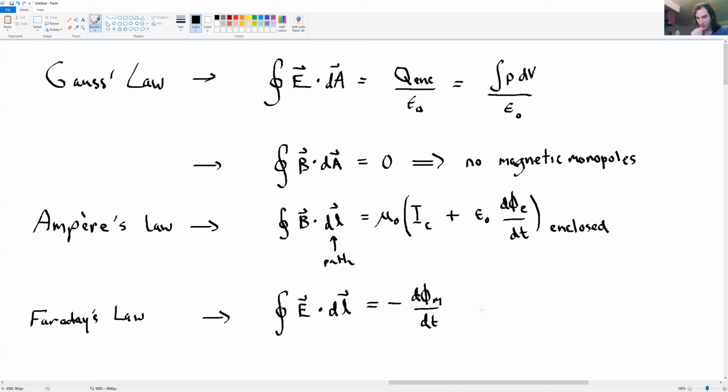Okay, so those are our 4 Maxwell equations. Double check, make sure I didn't make a slip there and write something incorrect. It looks good though. So those are the 4 Maxwell equations.